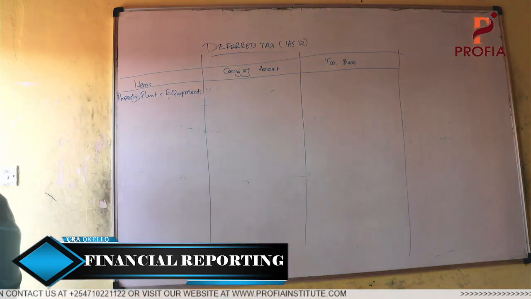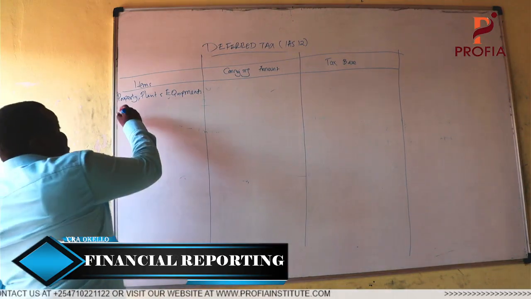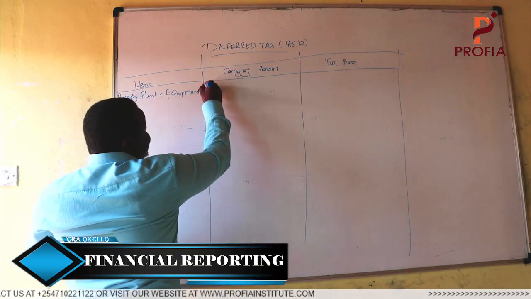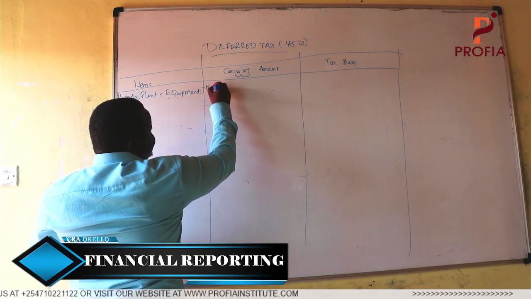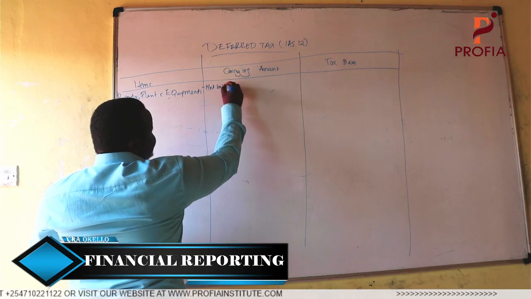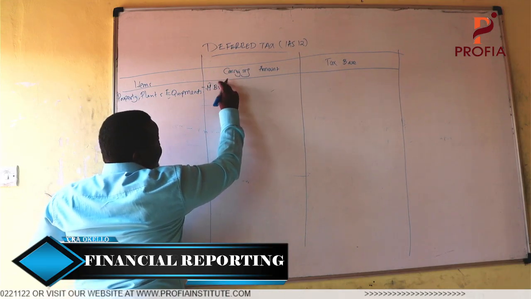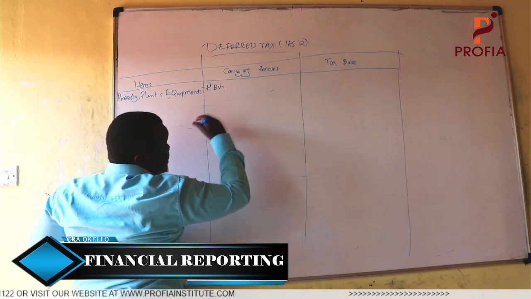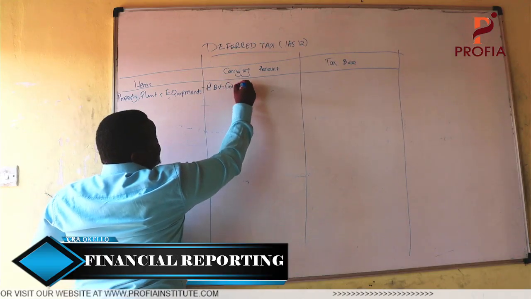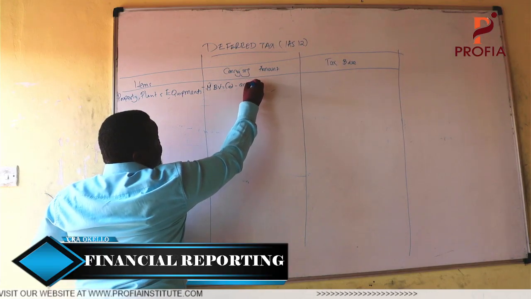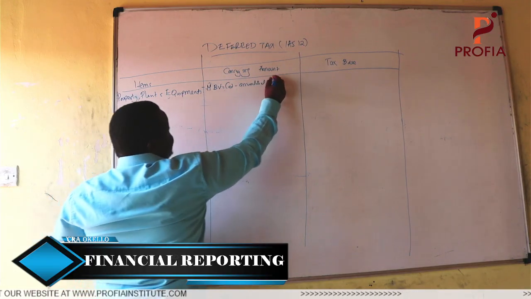In section 1 we learned, although we are not using the same term, that it is the net book value, which is calculated as cost minus accumulated depreciation.